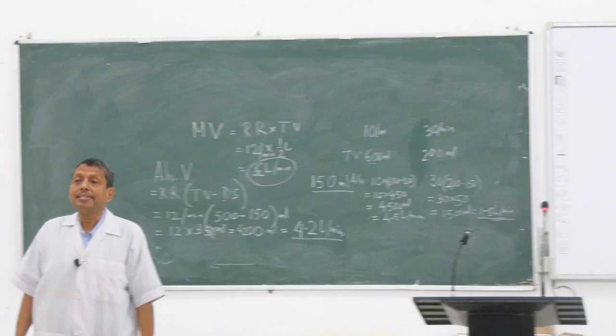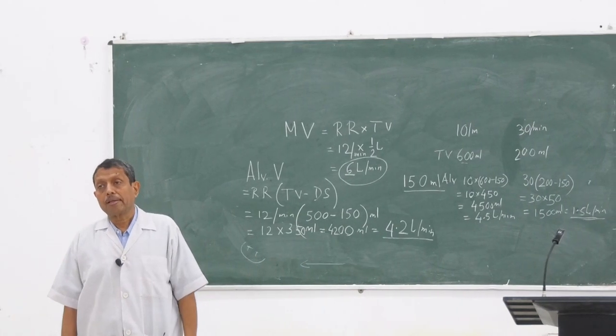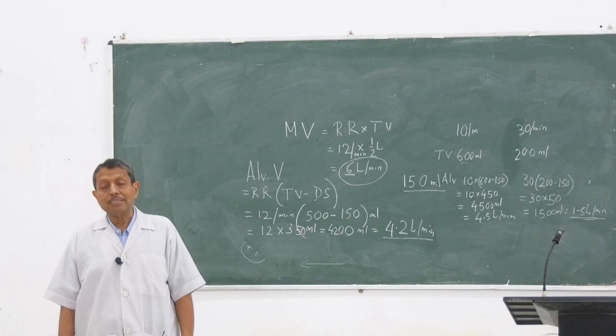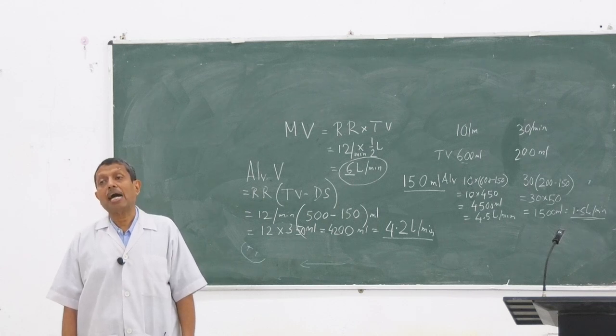And how to measure this dead space? Anatomical dead space or total dead space that is equal in health. And it is important, the single breath nitrogen curve. Single breath nitrogen curve.